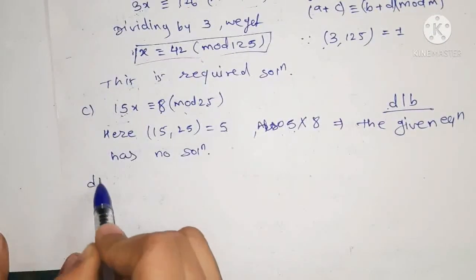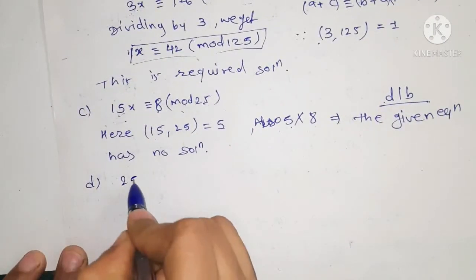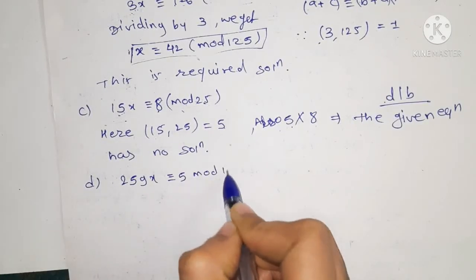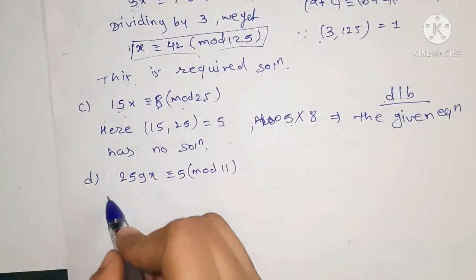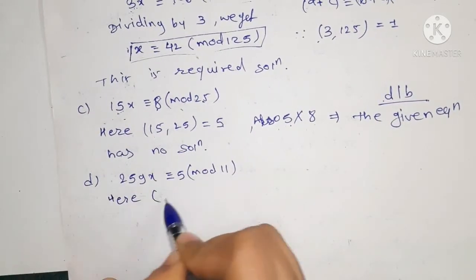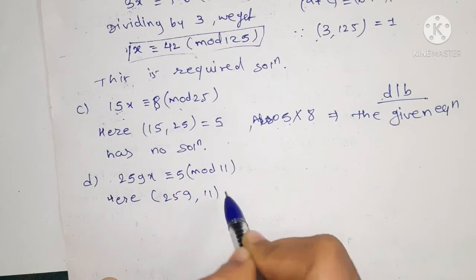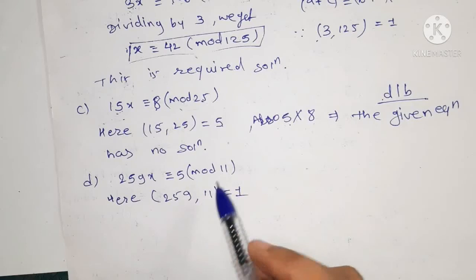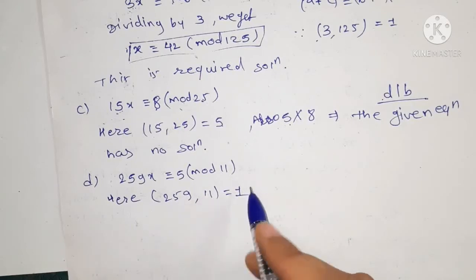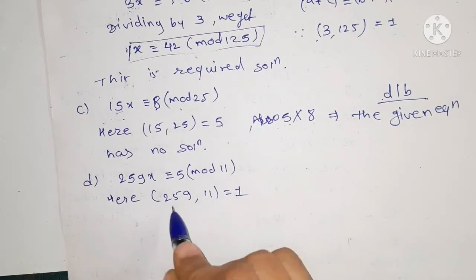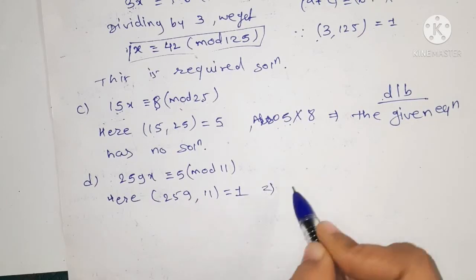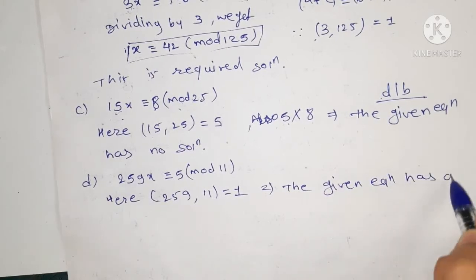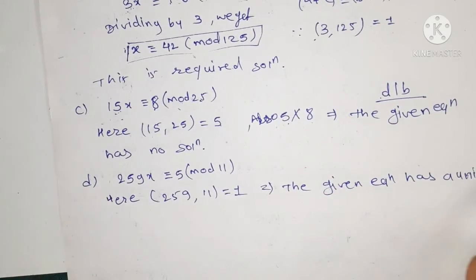Now we see example D, that is 259x is congruent to 5 modulo 11. Here the GCD of 259 and 11 is equal to 1. If the GCD is equal to 1, then this implies that the given equation has a unique solution.